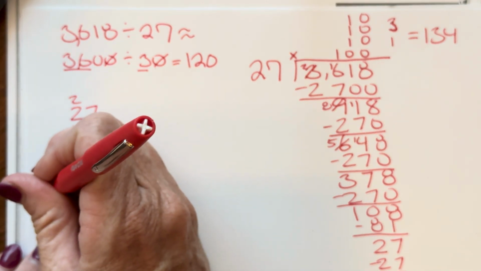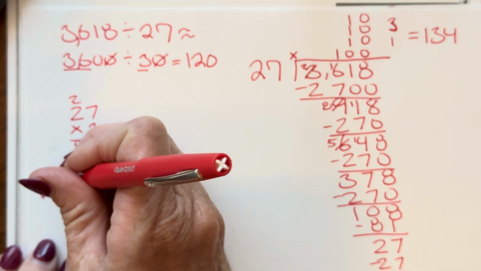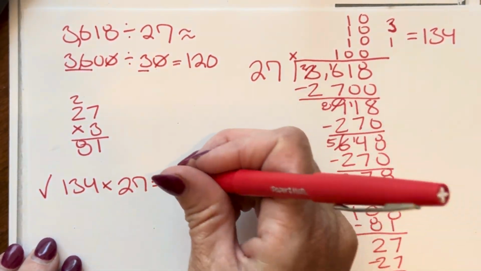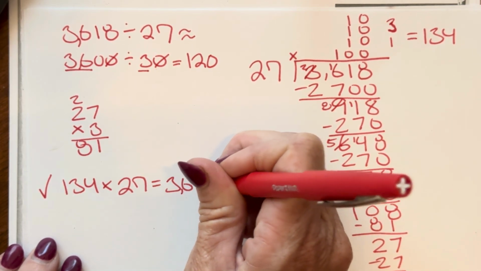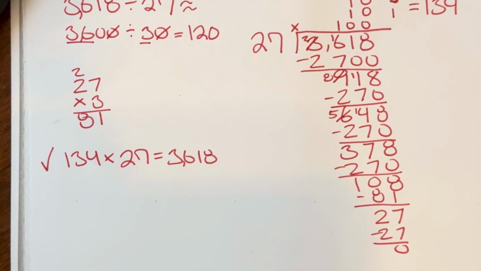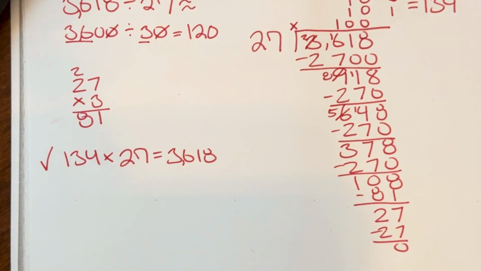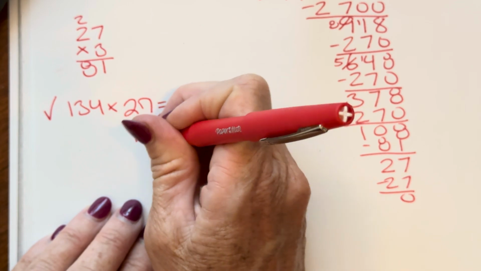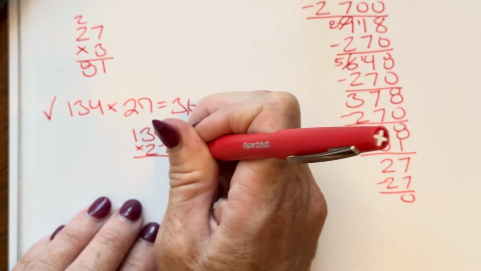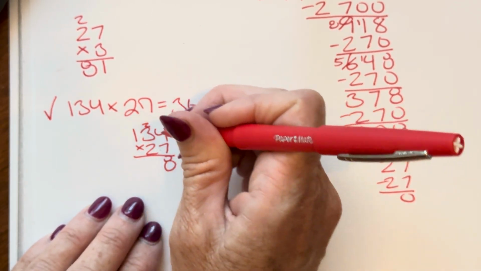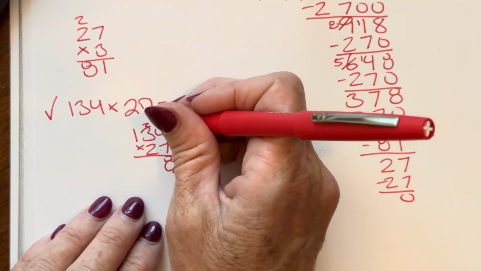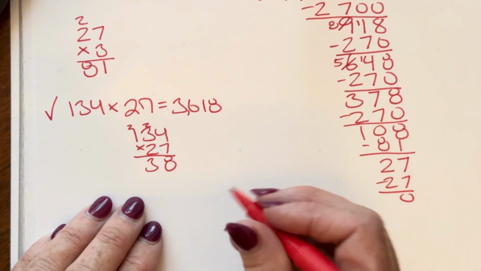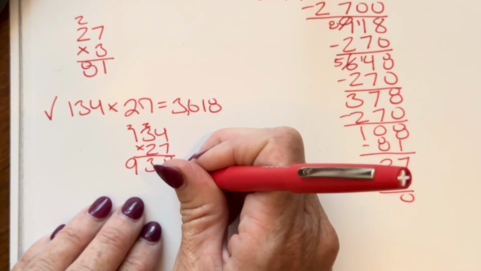So if I want to check this, I'm going to say 134 groups of 27 should equal 3,618. Now, obviously, I can't do that in my head, so I'd have to set it up and actually do the multiplication problem. So I might come up here and try that. So 7 times 4 is 28. 7 times 3 is 21, plus 2 is 23. 7 times 1 is 7, plus 2 is 9.